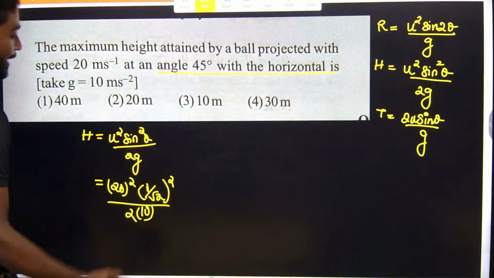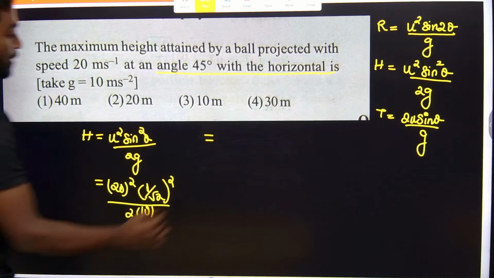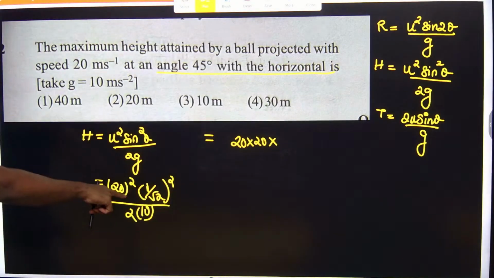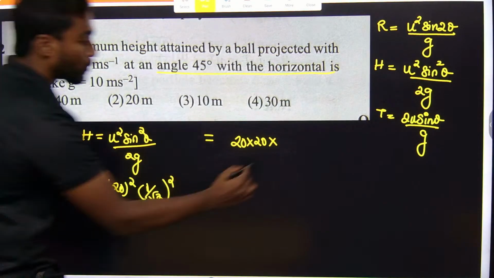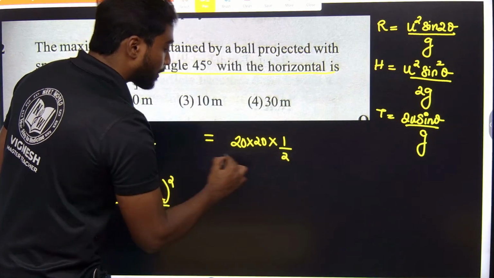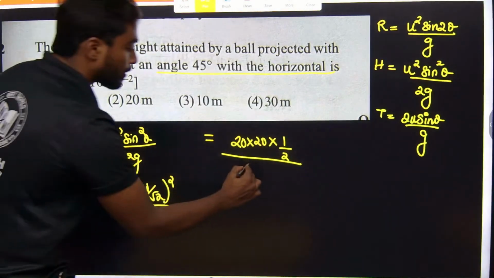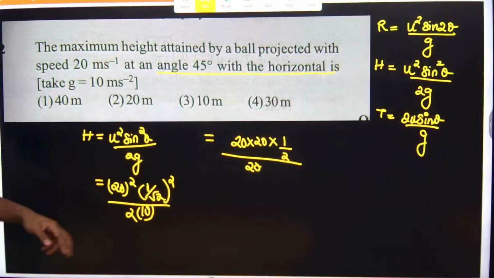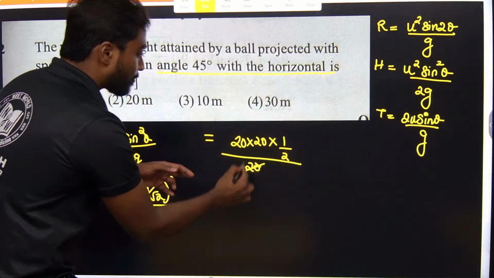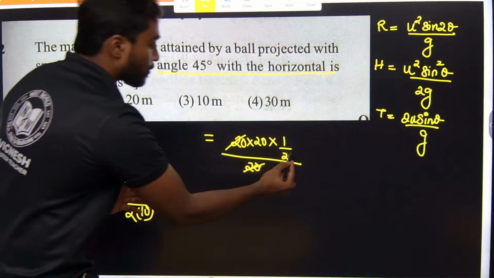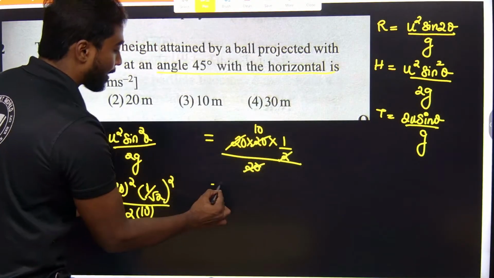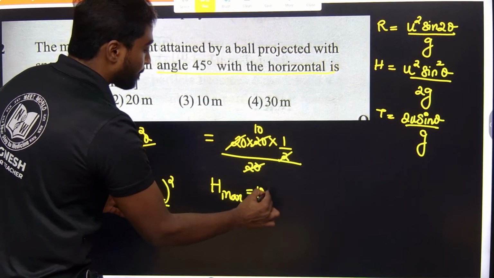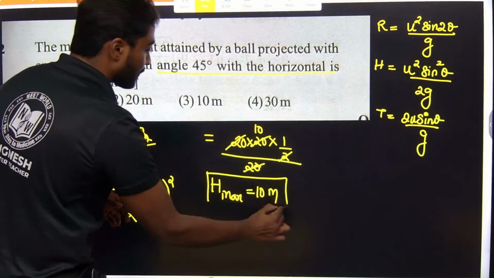It will be 20 into 20 into 1 by root 2 into 1 by root 2, which is 1 by 2, divided by 20. Now 20 and 20 can be cancelled out, leaving 10, so the answer is H max equals 10 meter.